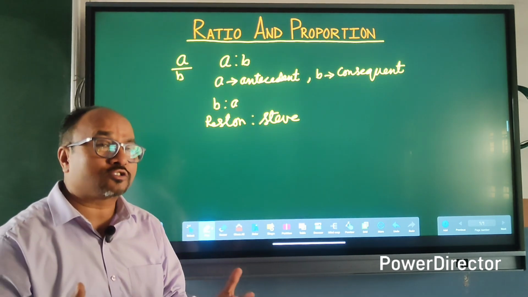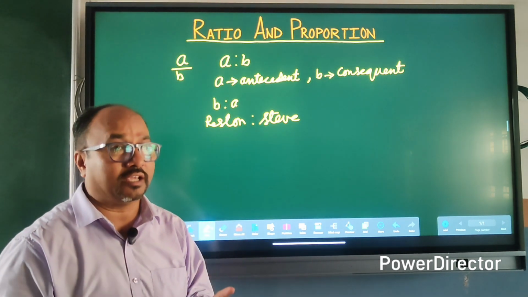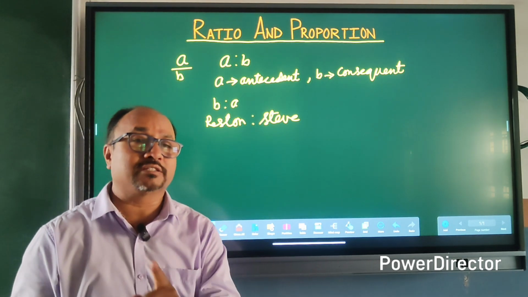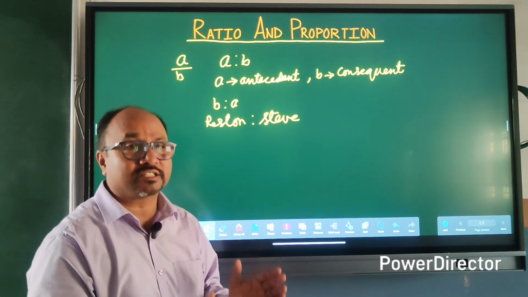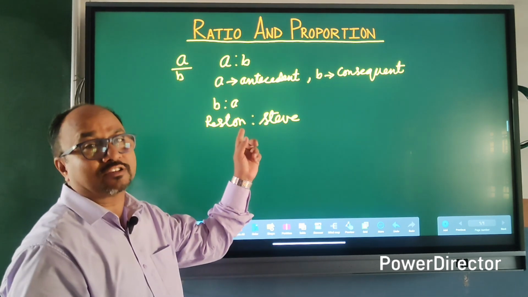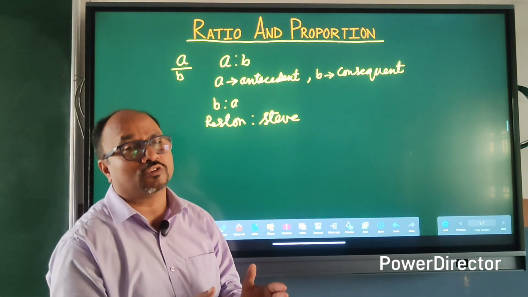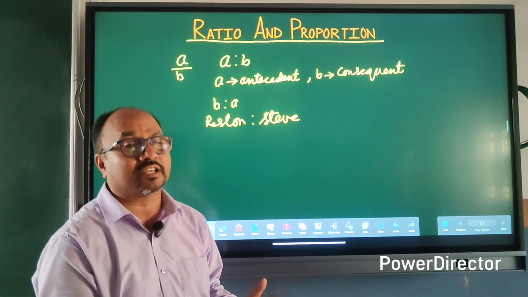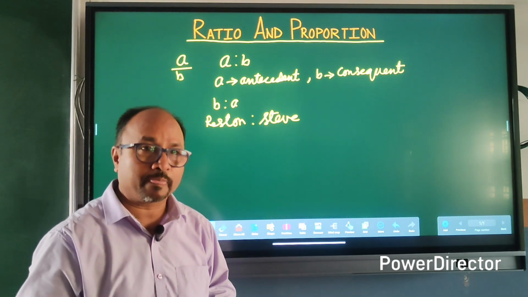So when you are asked to find the ratio in the question, please be careful to see what order is asked. If it is comparing the age of Reston with Steve, then Reston's age has to come first and then Steve's age. But if it is told to compare the age of Steve with Reston, then Steve's age will come first and then Reston's age.